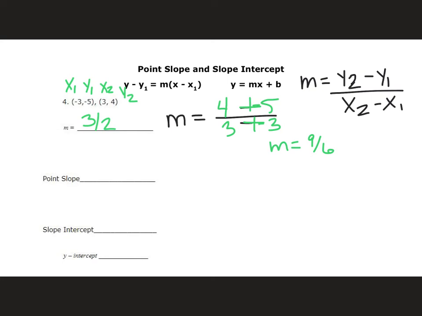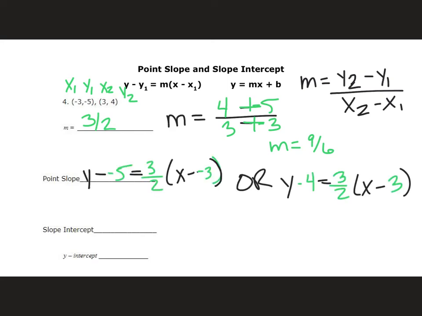Okay, from here we're going to go ahead and go into our point slope. Once again, it doesn't matter which point you use. Push pause and give it a shot. Okay, so whichever point you picked, this is what you should have. If you pick the first point, you should make sure you have that minus negative, because remember that minus negative will turn it into a plus.